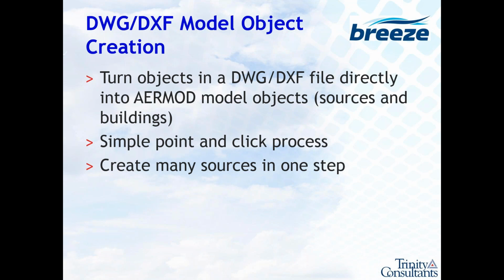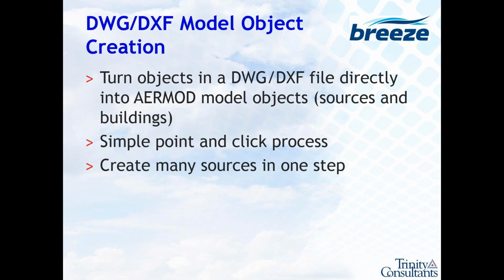If you have a base map that shows the buildings or the source locations, roads, fence lines, anything like that within your property, you can select those objects in the AutoCAD file after importing that, and then directly convert those into a BREEZE AERMOD model object.